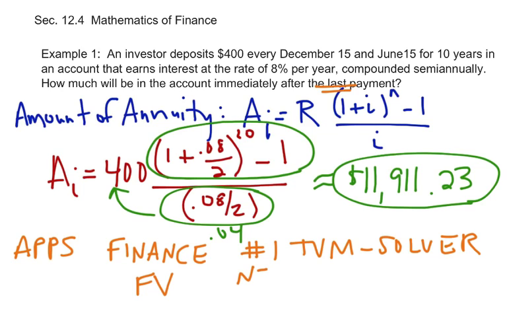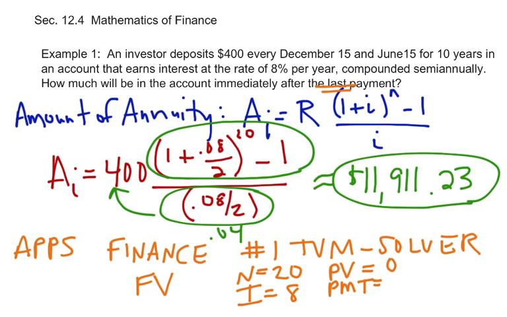That means N is 20, because remember we said you make 20 payments. I you put in as 8, because I in the TVM solver is already the percent. PV is the present value. When you're putting money into an account, you usually start at 0. PMT is payment.